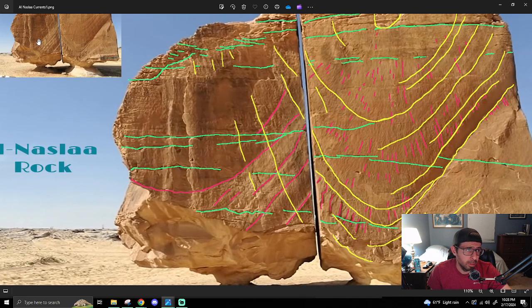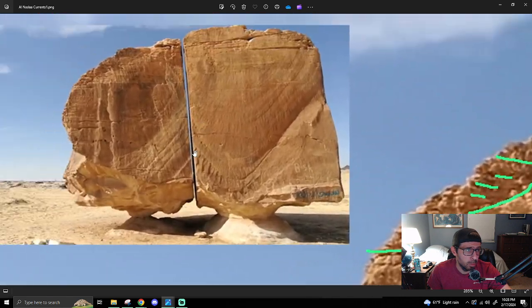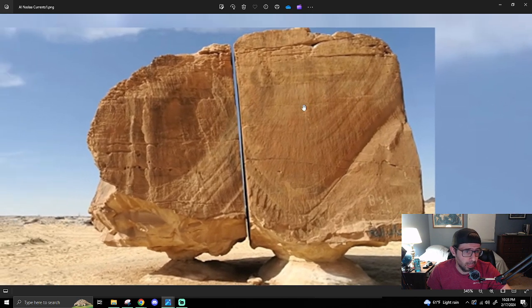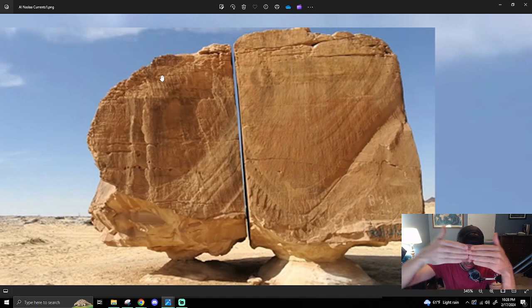But the point is, there's a bunch of features, maybe more visible without my drawings on it here, that suggest a focal point, and maybe another focal point over here. This is kind of what I was thinking: current is flowing into it, but in divided currents, so that there are different pressure points.